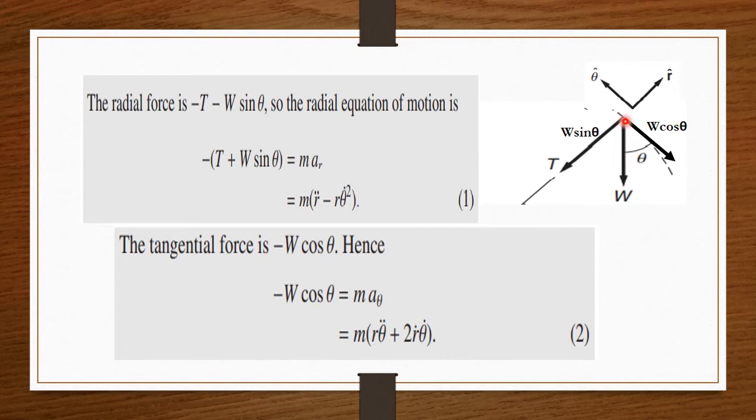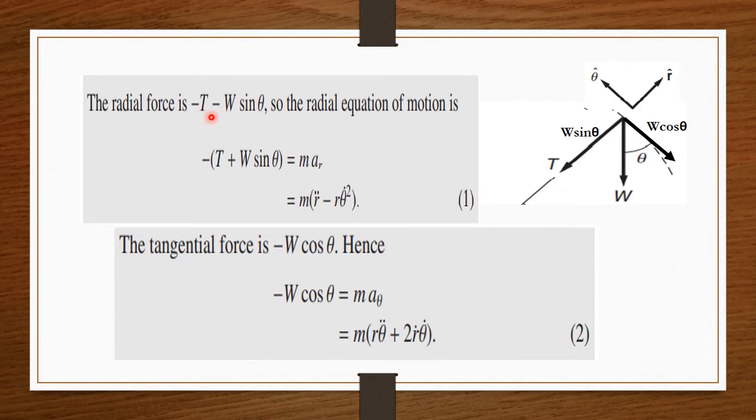Here we are resolving the weight W into two components, W cos theta and W sin theta. W cos theta is the tangential component of weight, and W sin theta is along the direction of T. So in the radial equation of motion, along with T, there will be a component of W also. Since both are opposite to the direction of r, there will be a negative sign for both terms.